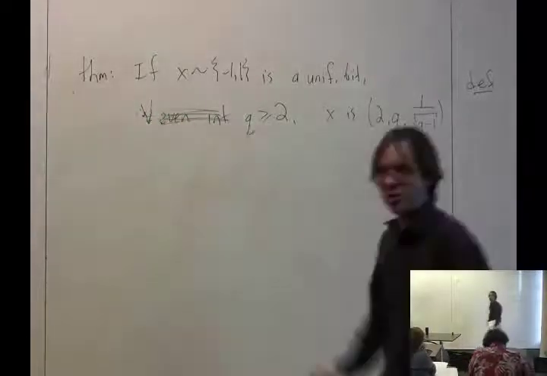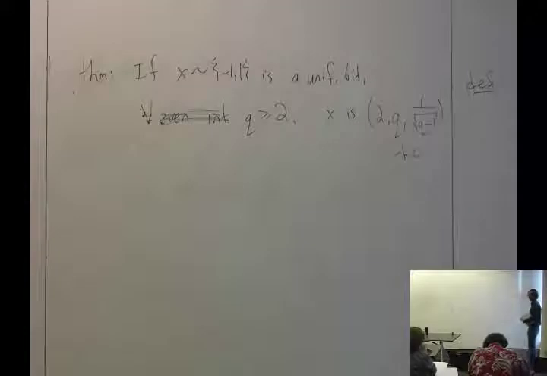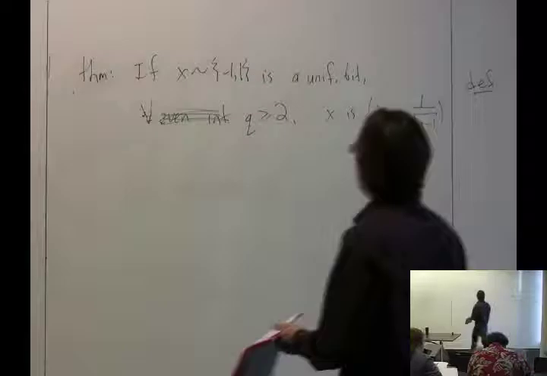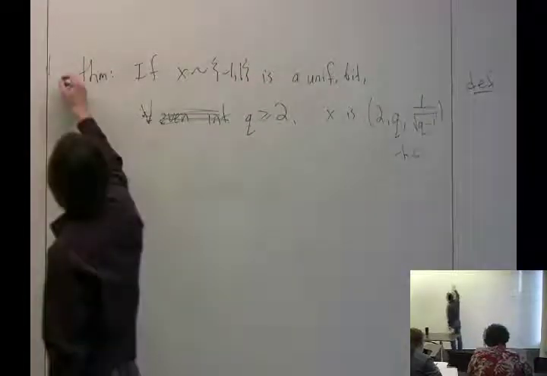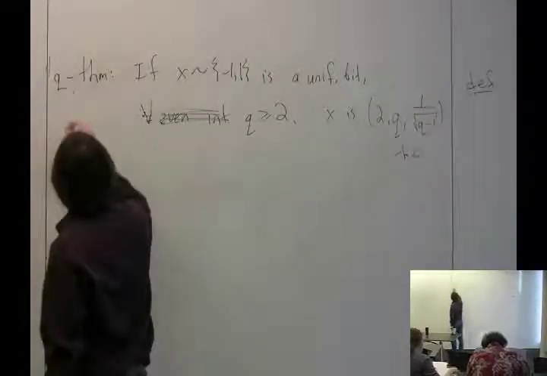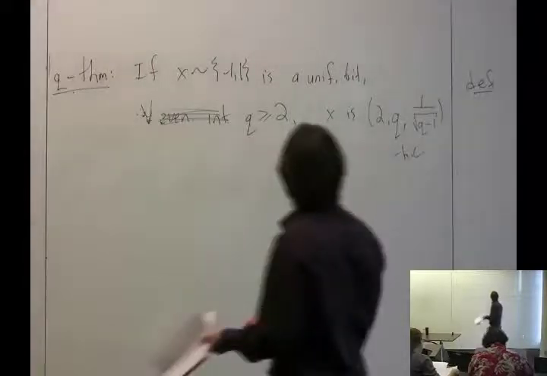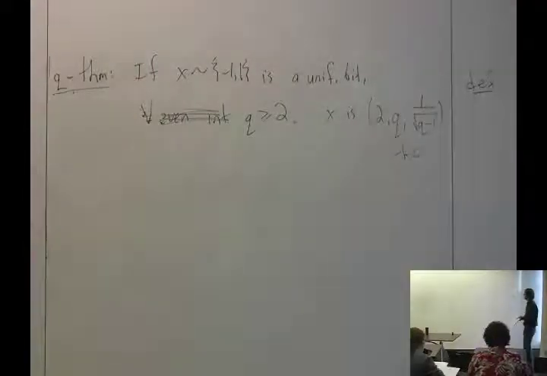We may hope that this is true. And this is true. Okay, so we will prove this. Great. So let me call this the Q theorem for the purposes of today. Okay, so this is something that we'd like to have true.